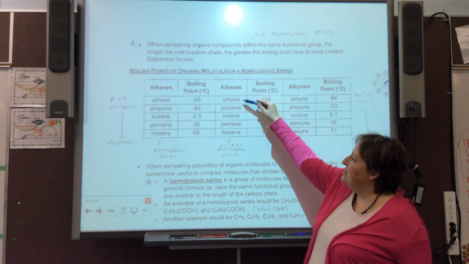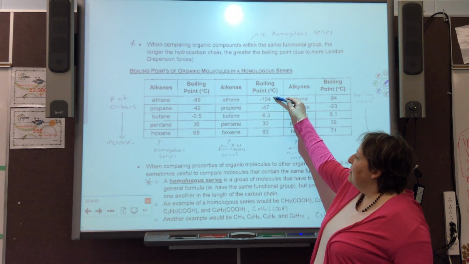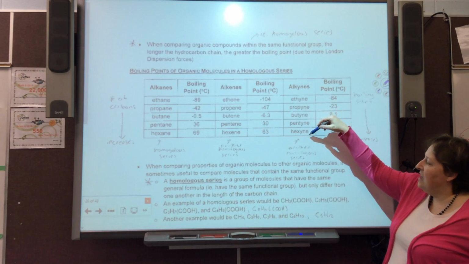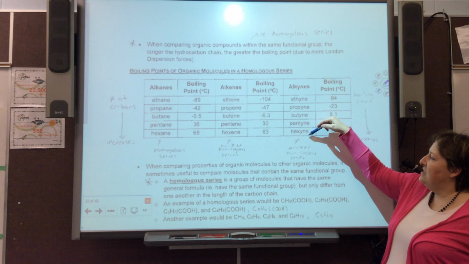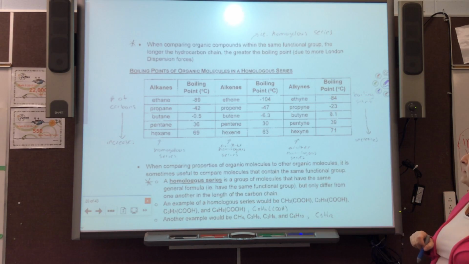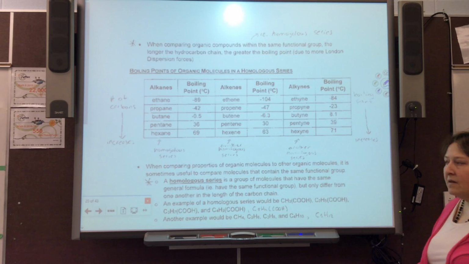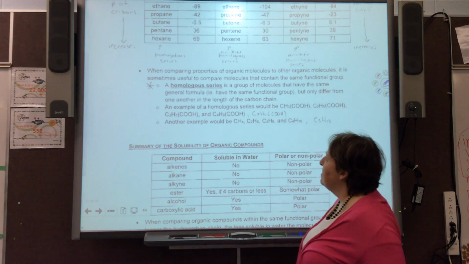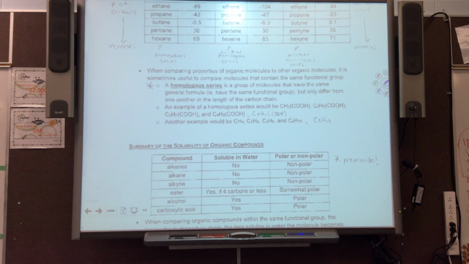Ethene to hexene, so 2 to 6, lowest boiling point to highest boiling point. Ethyne to hexyne is 2 to 6, and we see lowest boiling point to highest boiling point. So as the number of carbons increases, your boiling point increases. Okay? Make sense? And then here's just the definition of a homologous series: a group of molecules that have the same general formula.